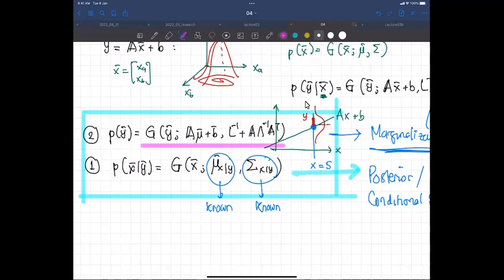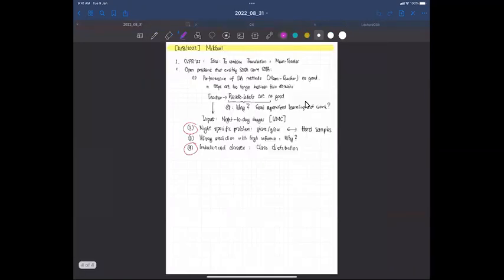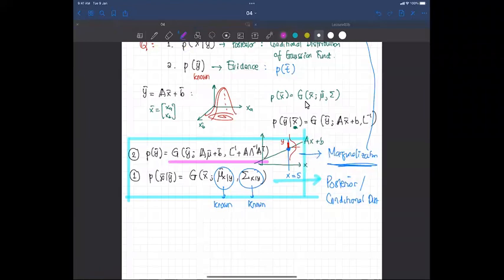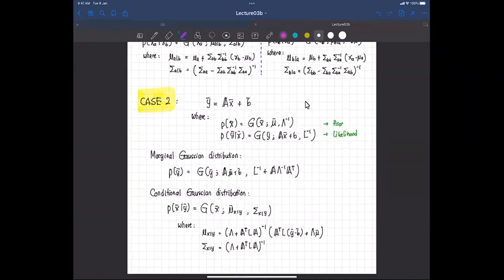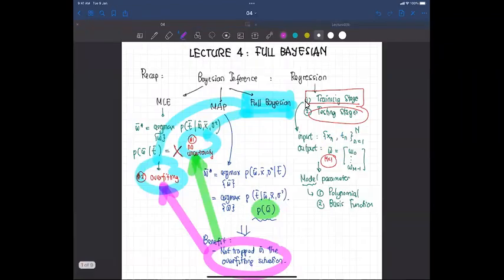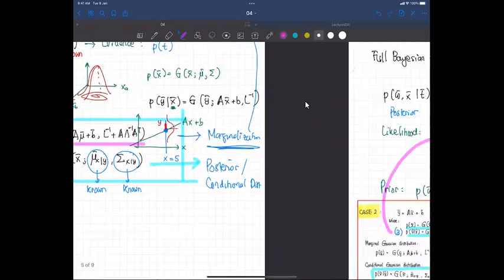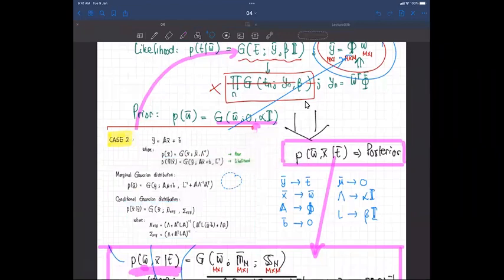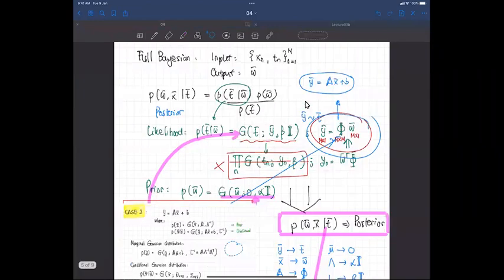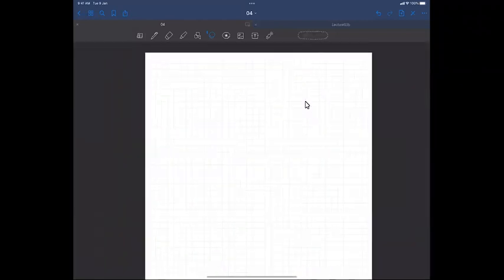Okay. So now to solve that problem, we will use case two. Okay. So let's, where is it? Case two. Yeah. Case two. So let's copy and paste this one. Oh, I actually already did that. Okay, so let's use.